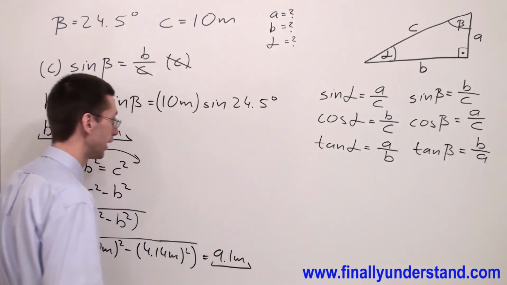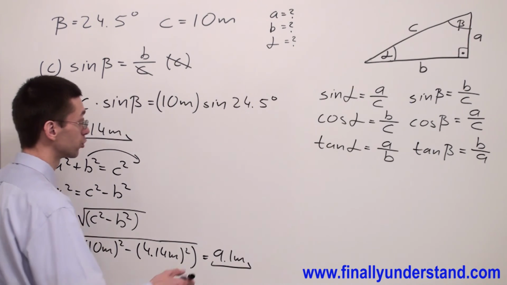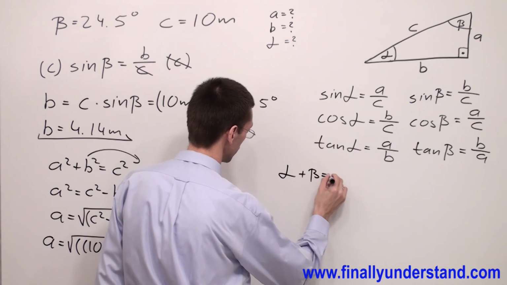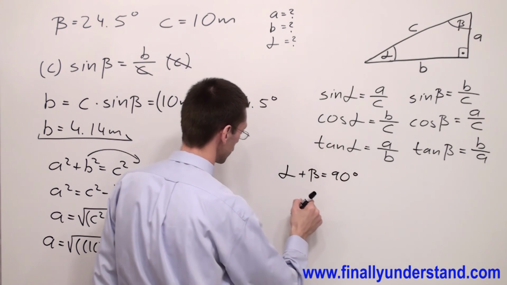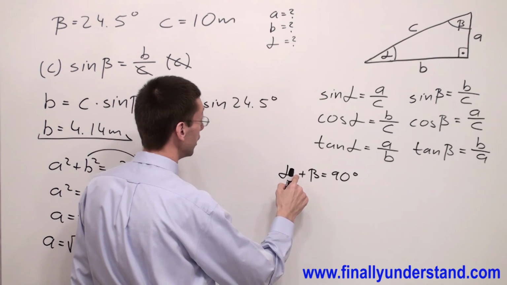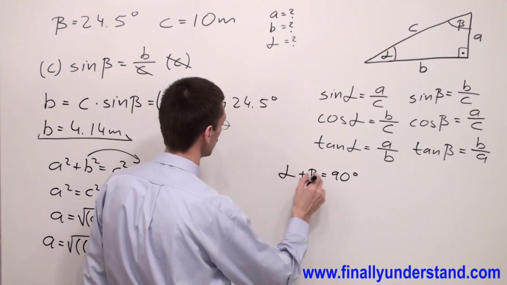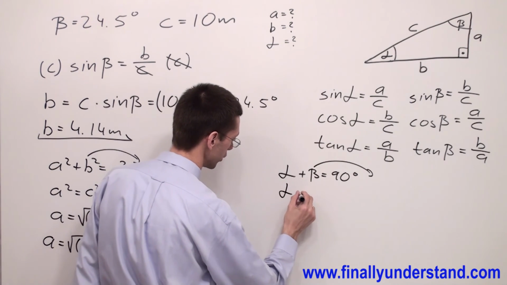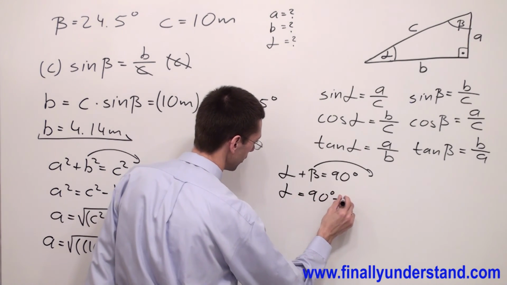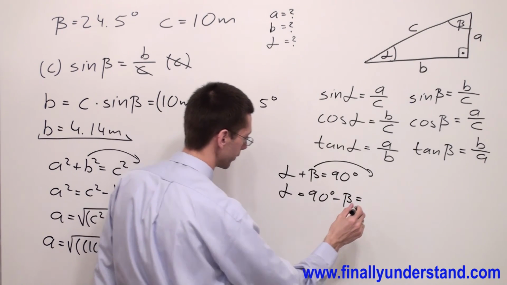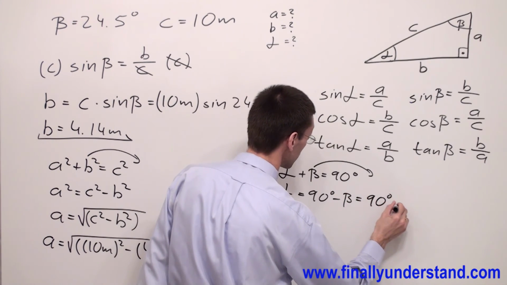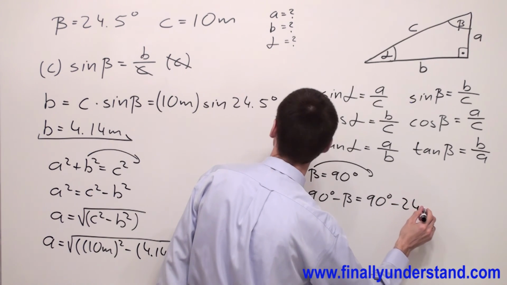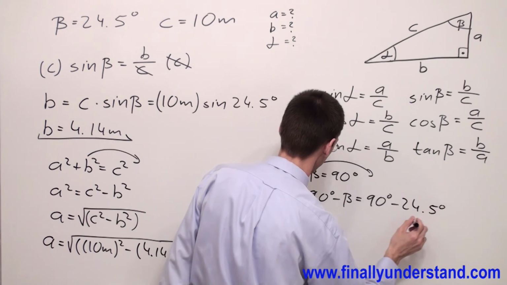In order to find angle alpha, you're supposed to keep in mind that angle alpha plus angle beta is equal 90 degrees. So in order to find alpha in this case, you're supposed to move beta to the right side of the formula. Alpha is equal 90 degrees minus beta, which is equal 90 degrees minus 24.5 degrees.